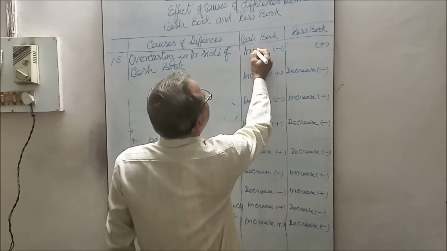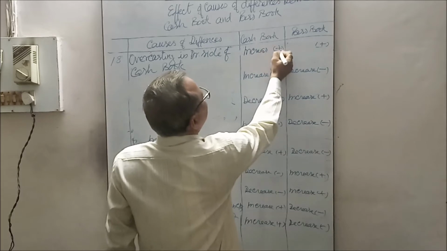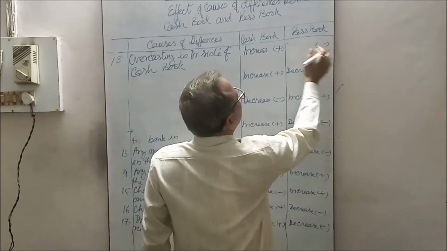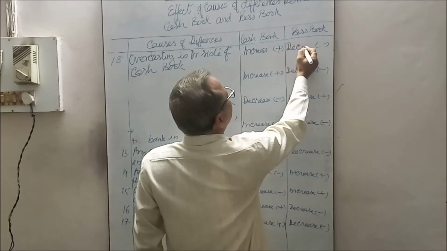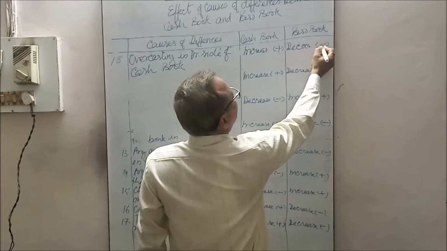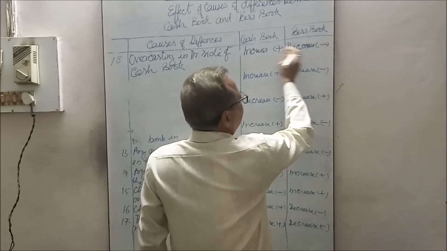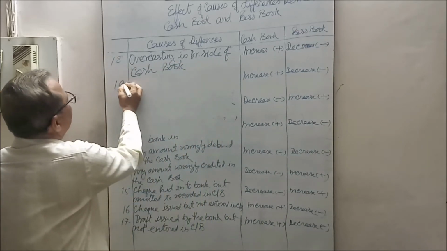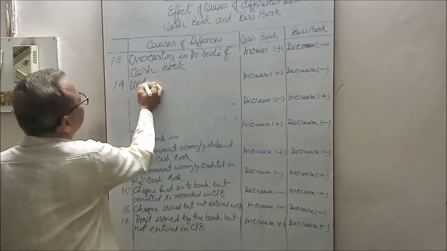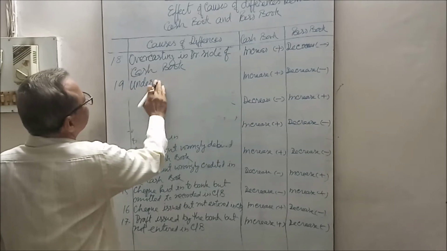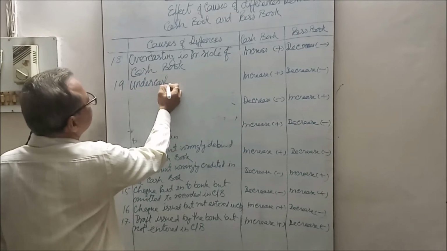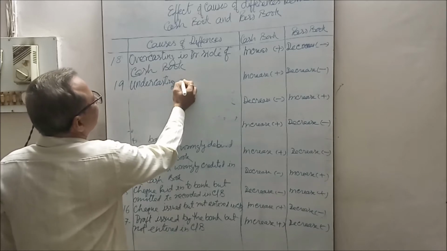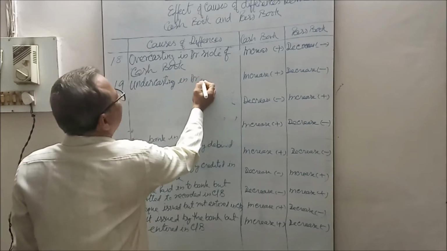It increases in comparison to the passbook, and it will show decrease in comparison to the cash book. Likewise, undercasting in debit side of cash book.